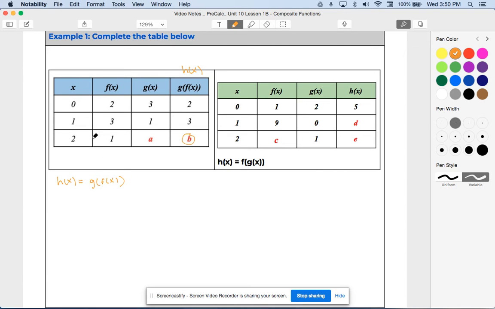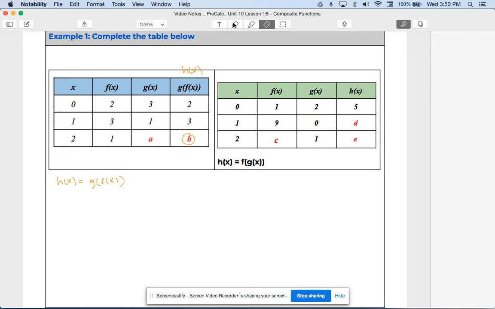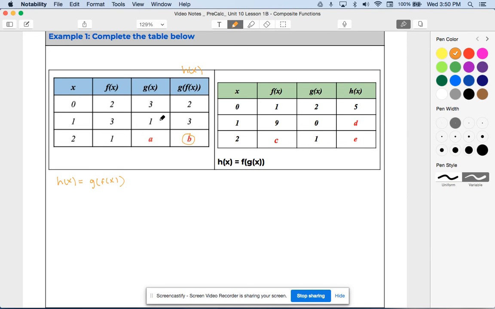Again, we're not calling this g of f of x, we're calling it h of x, but it was originally g of f of x, so they're equal. Basically, we're figuring out what's this whole output value when our input's 2, right? So let's say, for example, h of 2, which is the same as g of f of 2.